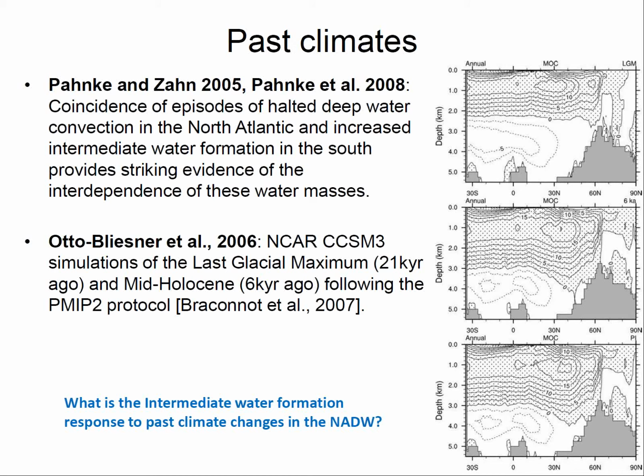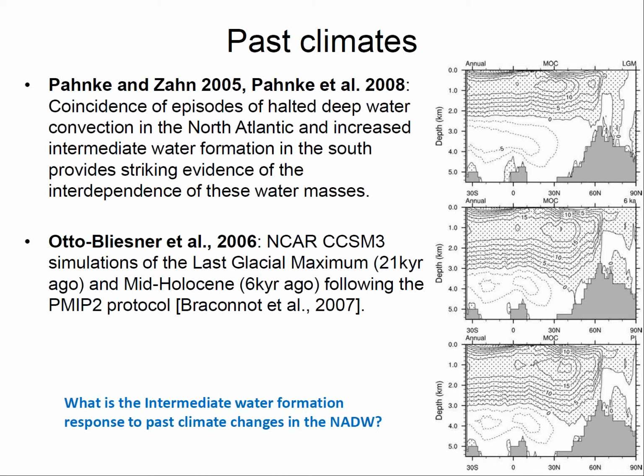And here is how the AMOC, the meridional overturning circulation, behaves in those runs. So this is the present day in comparison to the mid-Holocene and the LGM. We see that the present day in the CCSM3 is about 21 Sverdrups.